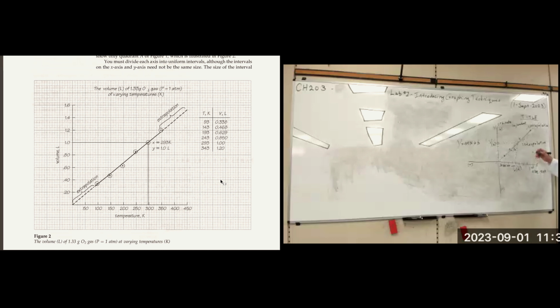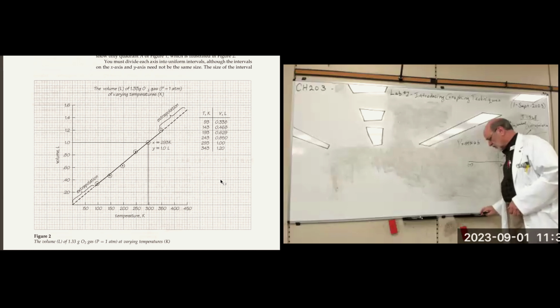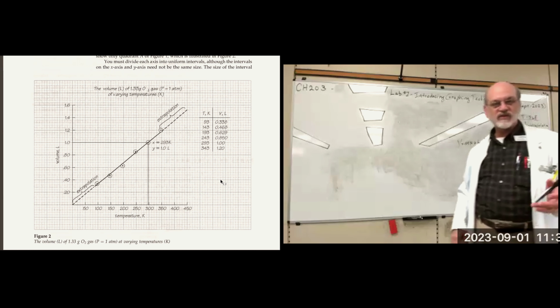So our uncertainty range might look like this. Outside your data set range, it gets bad in a hurry. So you may interpret the line out here, but the number could be anywhere in there. So extrapolation, we only use it if we have to.